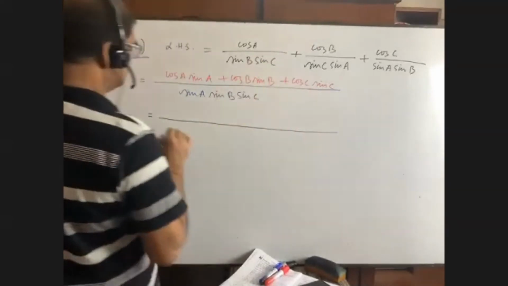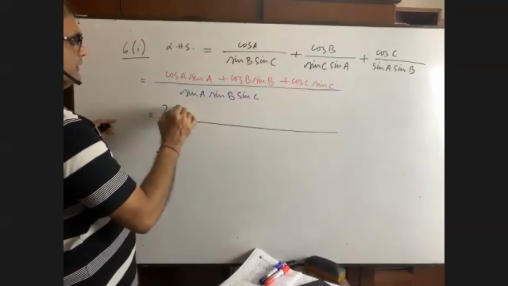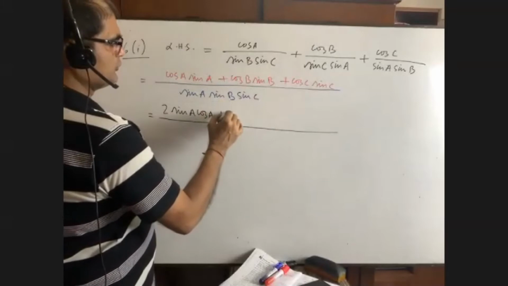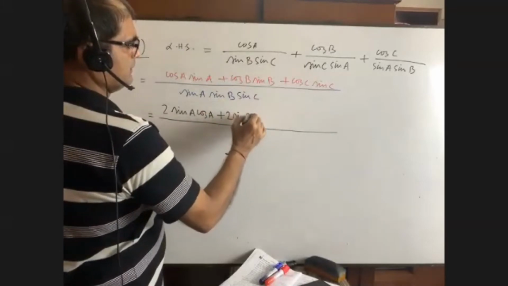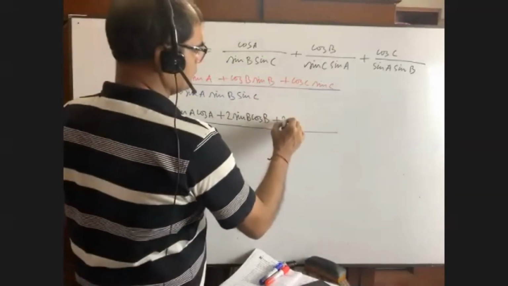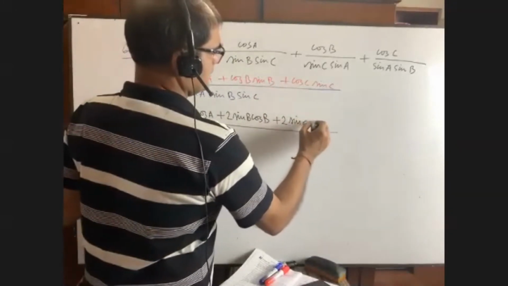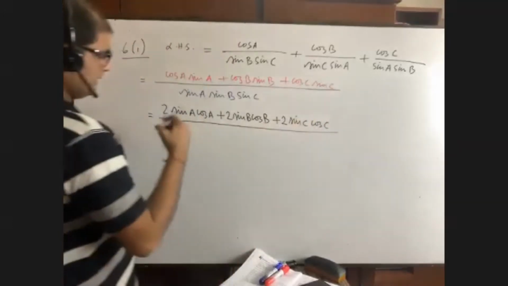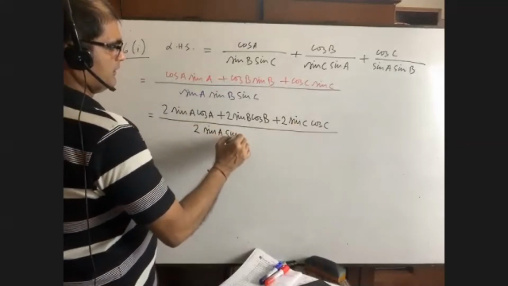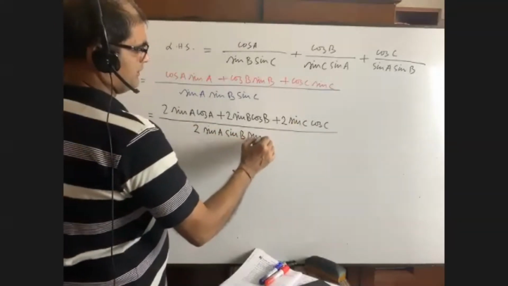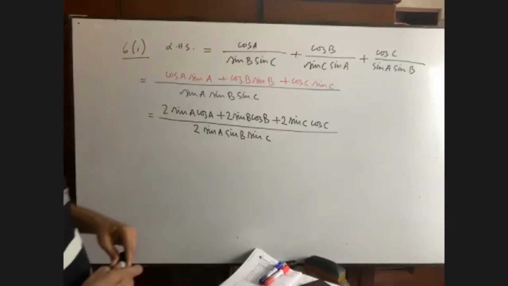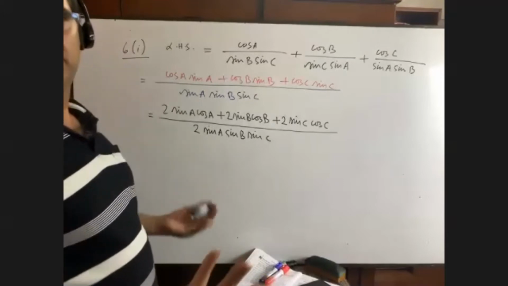Like this: 2 sine A cos A, 2 sine B cos B, 2 sine C cos C. Here, that 2 sine A sine B. Actually, what I have done, I have multiplied both the numerator and denominator by 2. Very easy and simple. Okay, nothing is hard here.